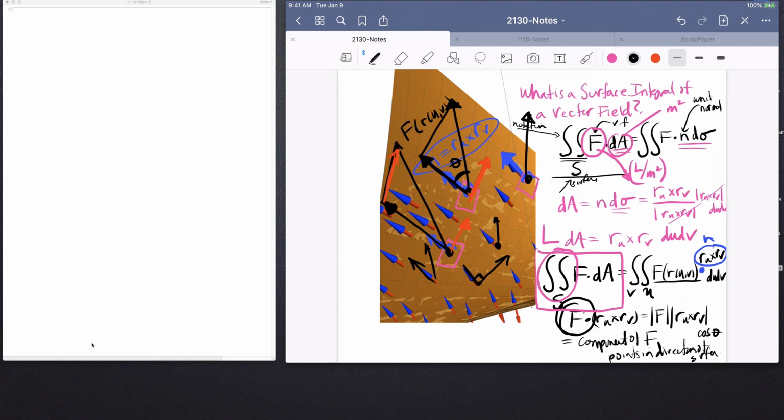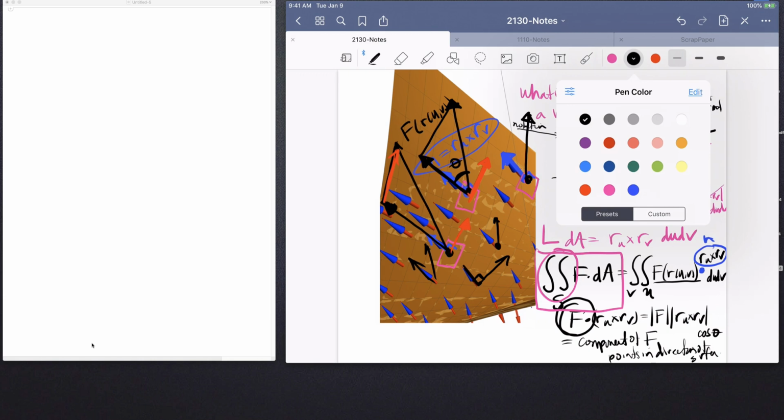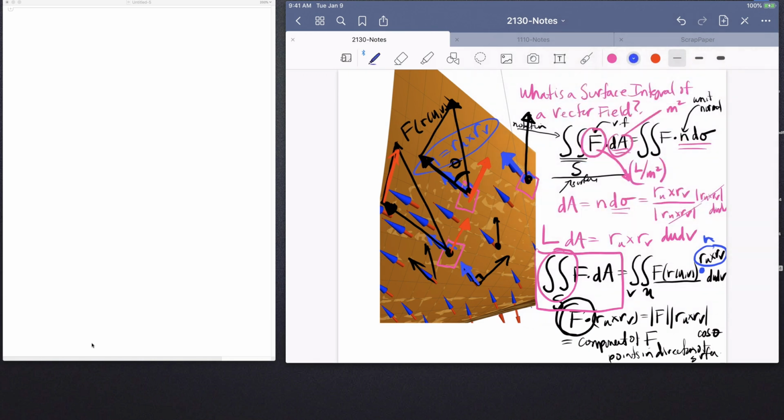The vector field and the surface could be at right angles. So one thing that we're trying to do with this double integral is add up the contribution of how much the vector field F crosses through the surface. And to do that, we always need to project the vector field into the direction that the surface is pointing in. That's why this dot product is here, of the vector field with the surface direction itself.